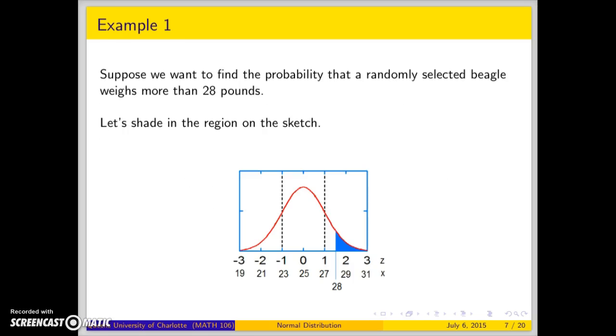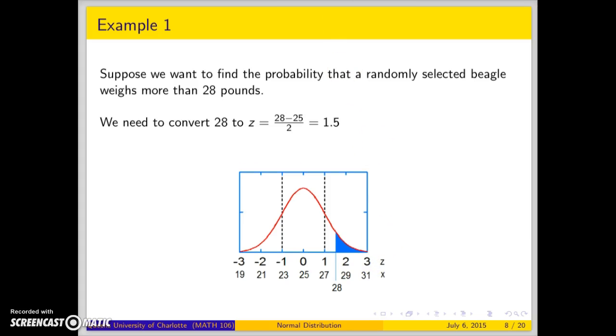Okay, so going back, let's do an example. Let's find the probability that a randomly selected beagle weighs more than 28 pounds. So here, I put the x's and z's on a normal curve, and here's 28, and we shade to the right since we want more than 28.